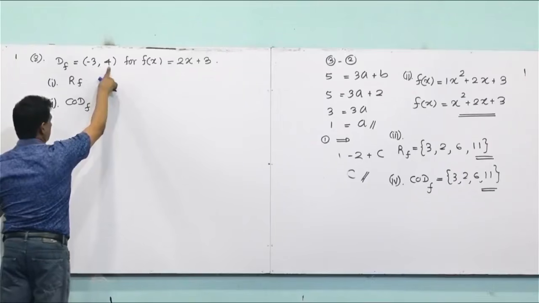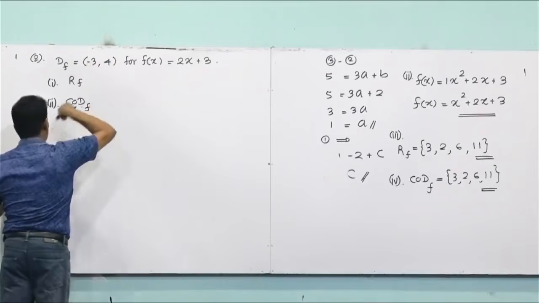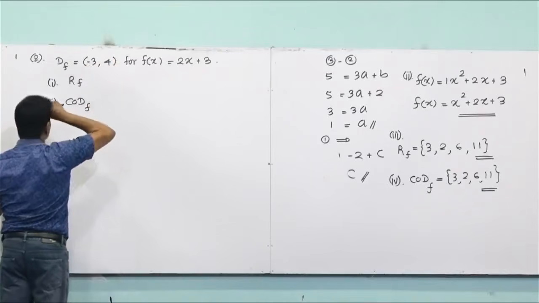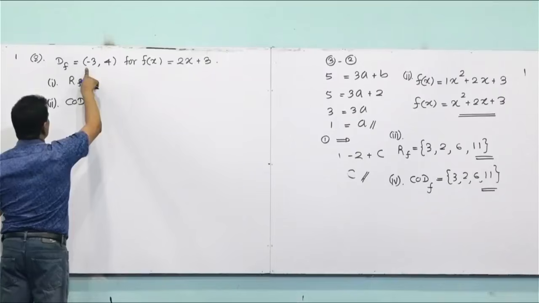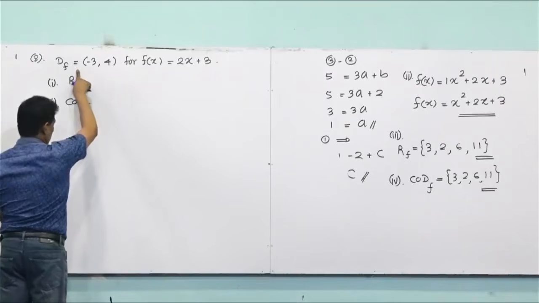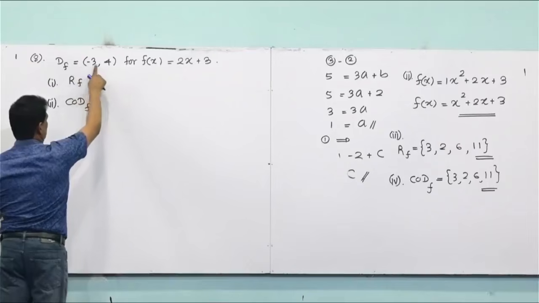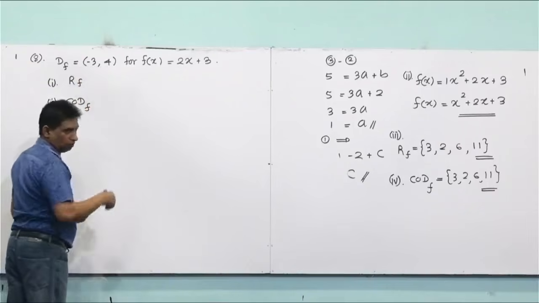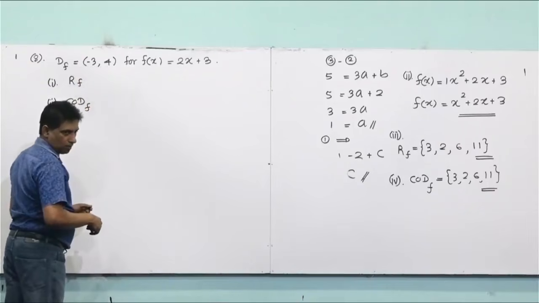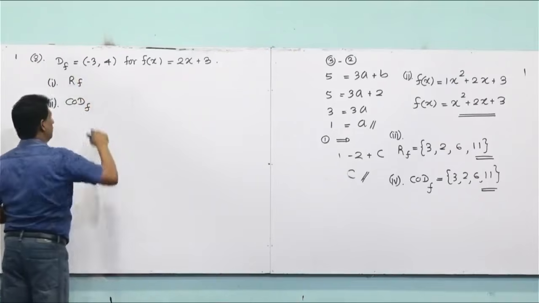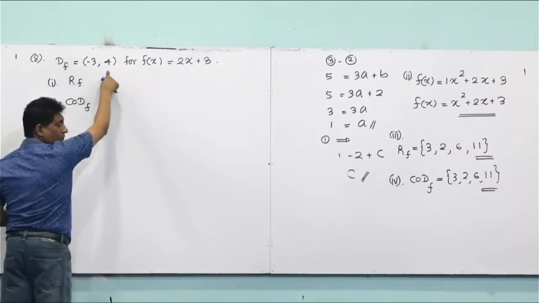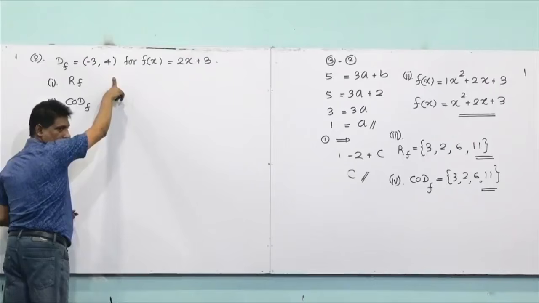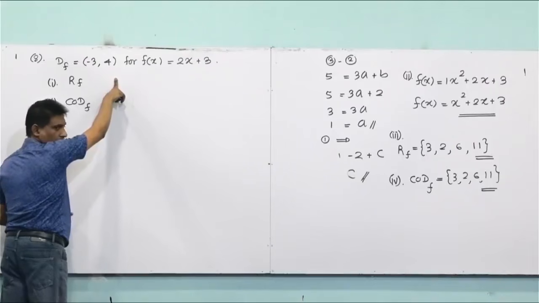Minus 3 comma 4, with normal brackets on both sides. That means the domain elements are all the values in between minus 3 and positive 4. There are an infinite number of elements, right? Minus 3 to positive 4.